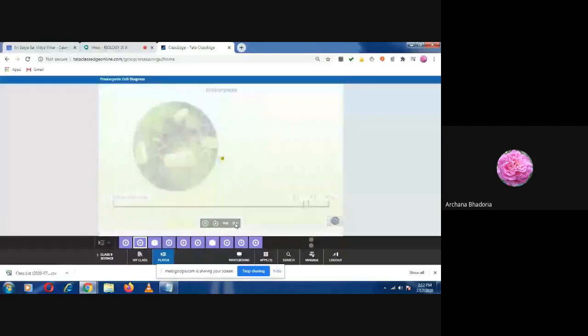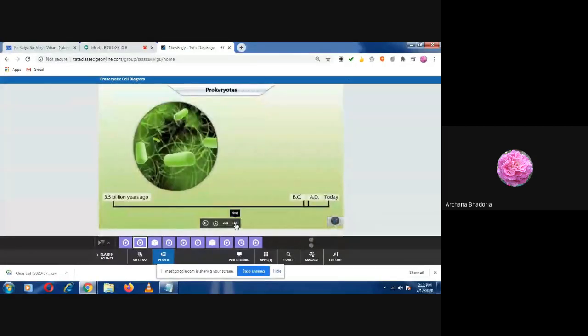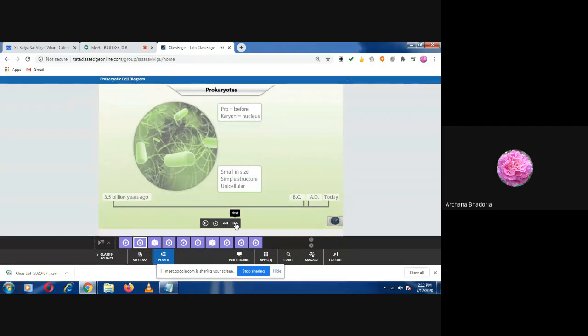Prokaryotes are the most primitive types of cell in existence since approximately 3.5 billion years. They are small in size and have a simple structure and are unicellular. Pro means before and karyon means nucleus. Thus, prokaryotes are cells that do not have a nucleus.